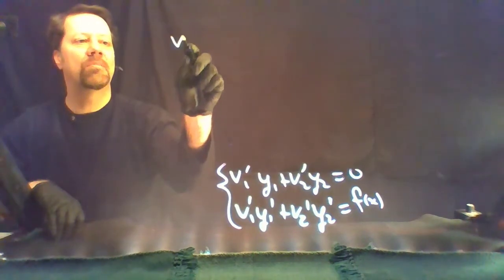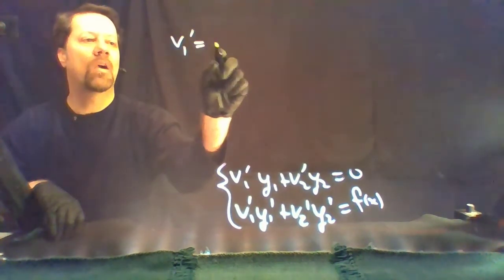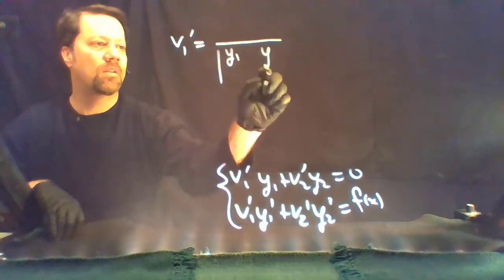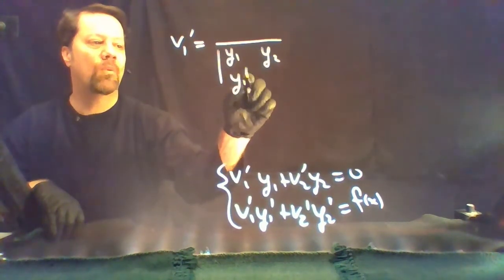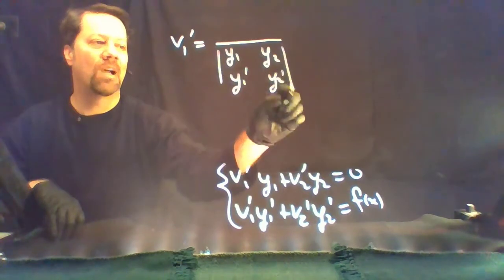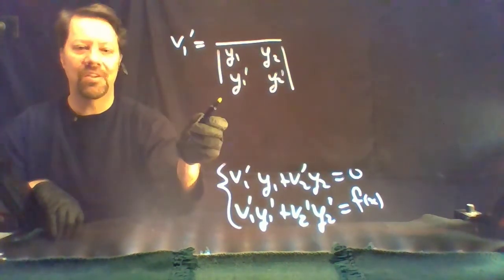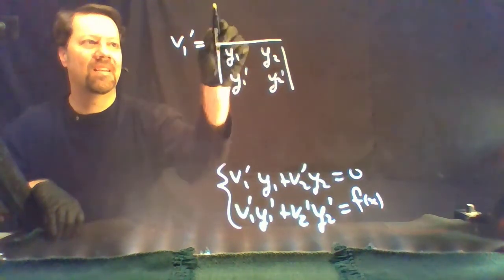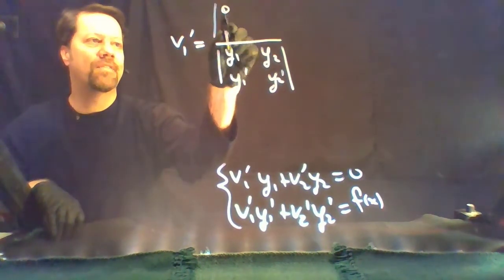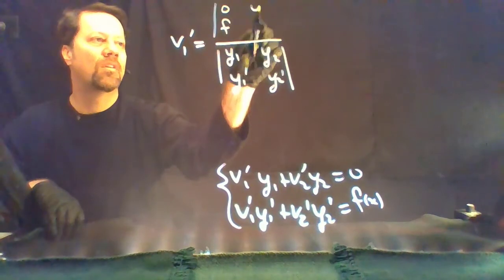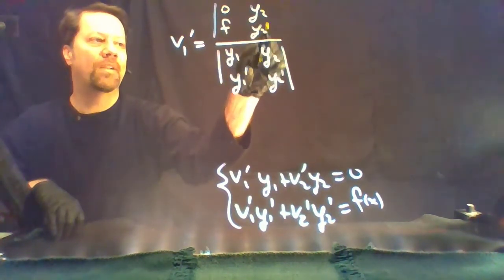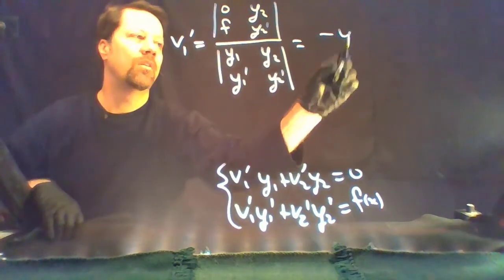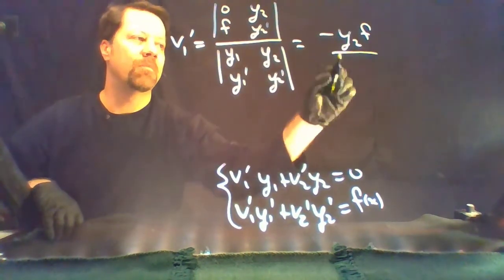And so by Cramer's rule, v1 prime, let's see, the determinant here is y1, y2, y1 prime, y2 prime. Check it out. Do you recognize that? That's the Wronskian. In the numerator, we're going to have 0, f, y2, y2 prime. And so you'll get minus y2 f divided by the Wronskian.